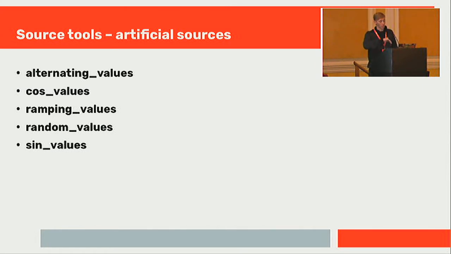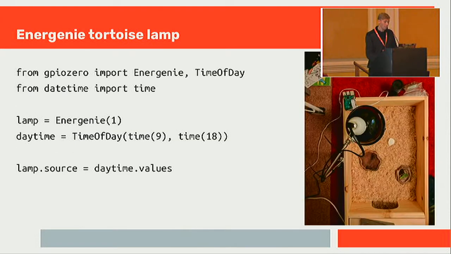You can pass in something like sine values or cos values and have it sweep in that kind of sense. And the same for a motor, you can have it rising up and down. And there's lots of other ones that you could write yourself. These are just common artificial sources.